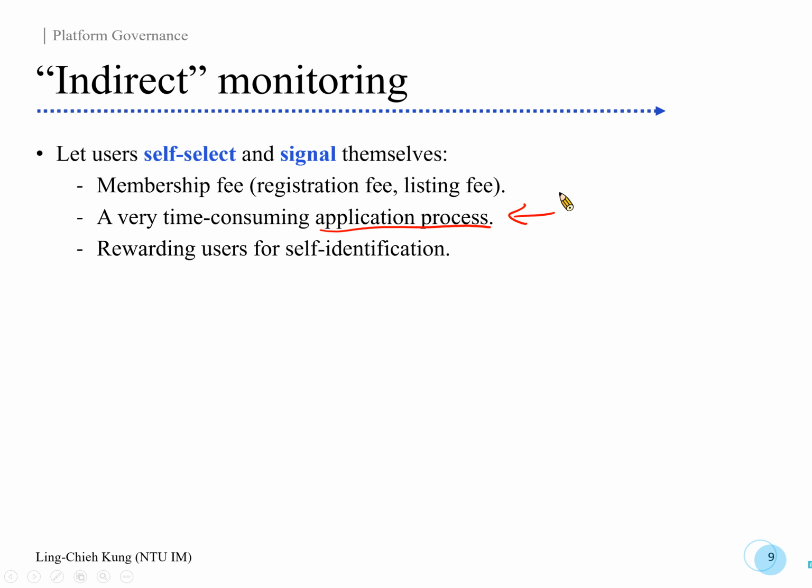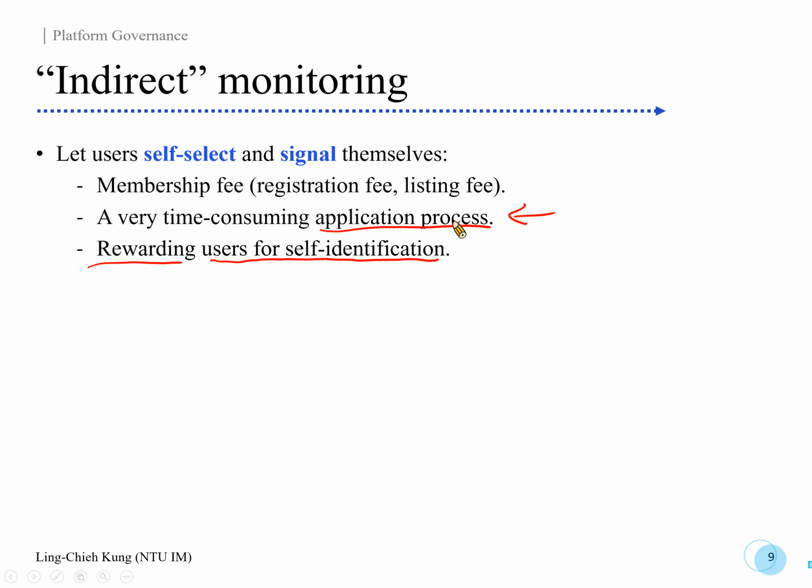Or some platforms reward users for doing self-identification. So you are allowed to join our platform in any way, but you may get more functions that you may use only if you identify yourself, only if you give us your credit card information, only if you give us your home address, for example.